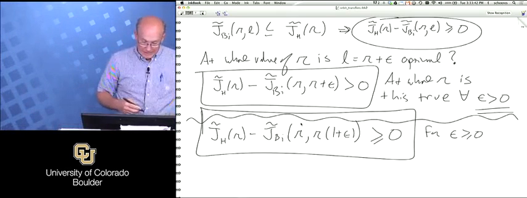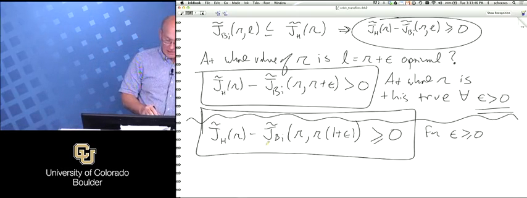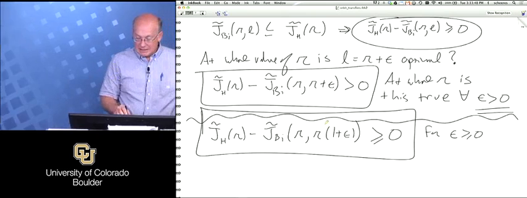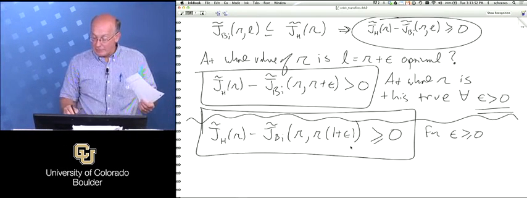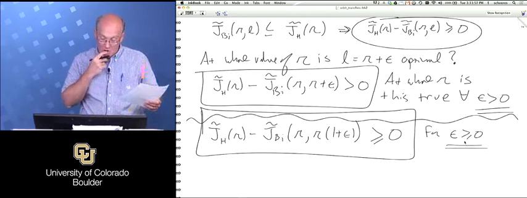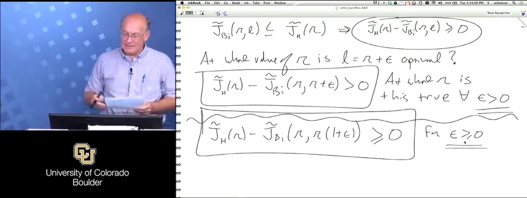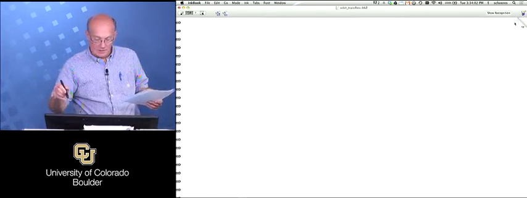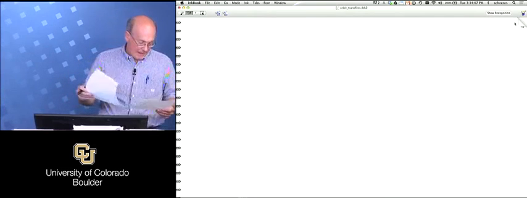Okay. And essentially, we're asking the question, when is J_H minus J_bi, when L is equal to R times 1 plus epsilon, greater than or equal to 0 for epsilon greater than or equal to 0? Now, to answer this, the math gets kind of messy. So first of all, it'll be a homework, and I'll probably assign the homework by next time.